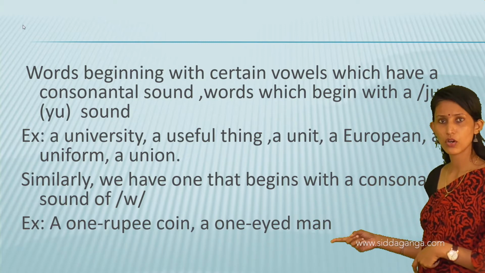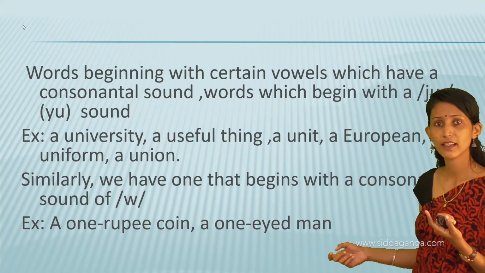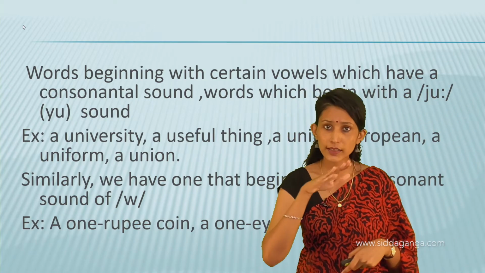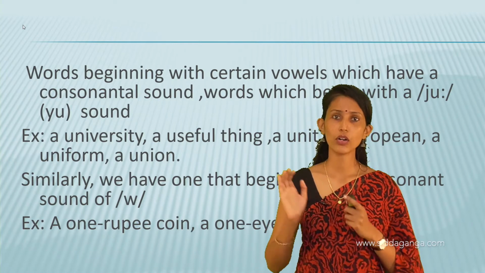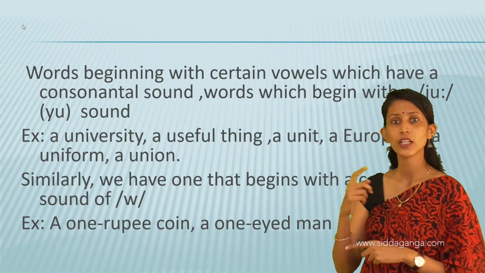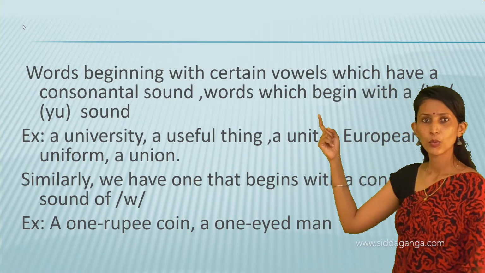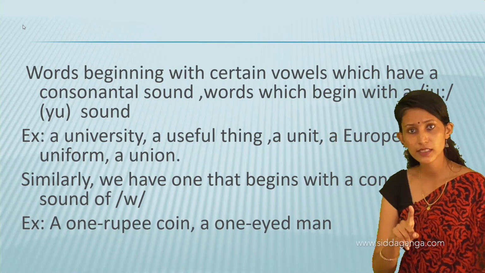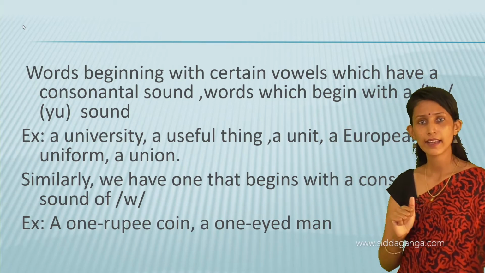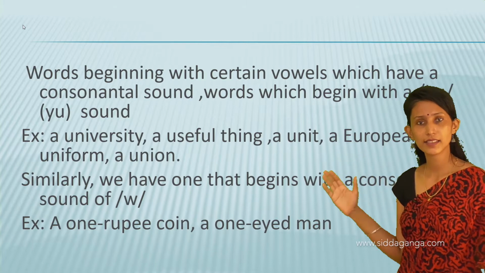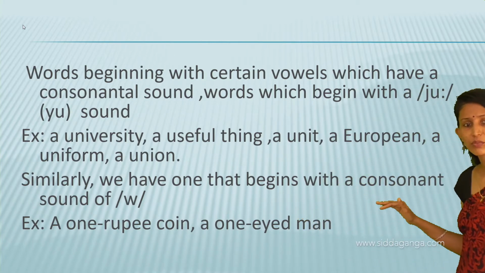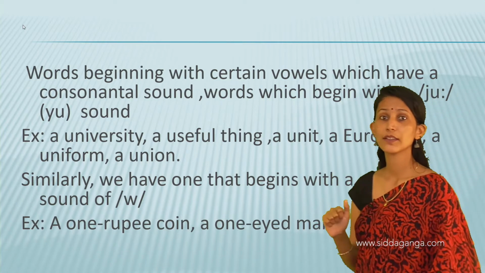A 1 rupee coin, a one-eyed man, one. Can you see that sound there? One, okay? Not taking the O or the U there. So these are two things you have to keep in mind where you can use a. Where is that? When vowels have the consonantal sound of y, u, alright? And in places where it begins with a consonantal sound of w.